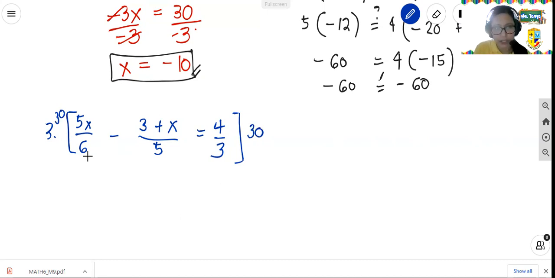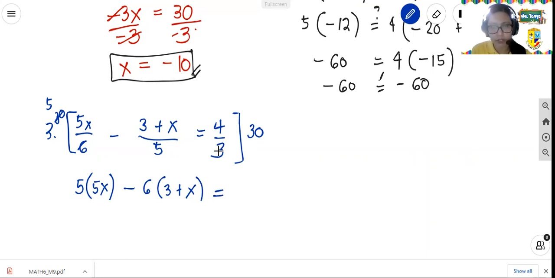So 30 divided by 6 would give you 5. So you need to multiply that with the numerator. Because if you cancel that, it will become 5. So it multiplies 5 times 5x. Minus 30 and 5, if you cancel that, it will give you 6 as a multiplier, then it has to multiply with that 3 plus x. 30 divided by 3 is 10.